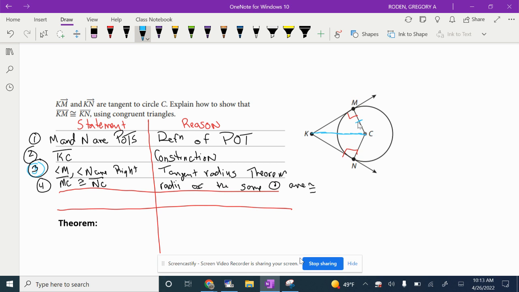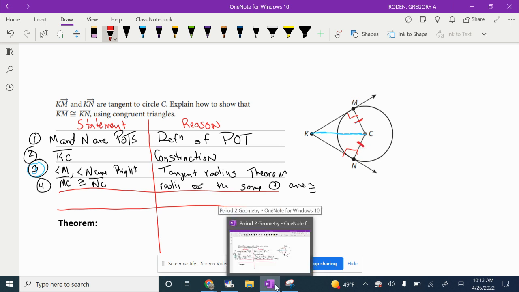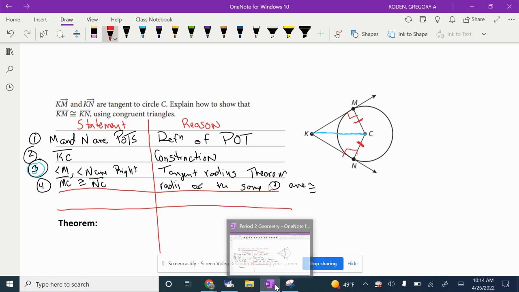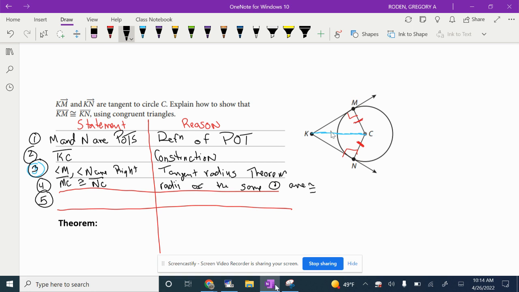So now we can mark this side. Let me do it in red. We can do this side here, and we can mark this side here. All right. So now we have next one. Kaylee, go ahead. Xavier, what do you got? Segment KC and segment KC are congruent. Okay, we can say that KC is congruent to KC.